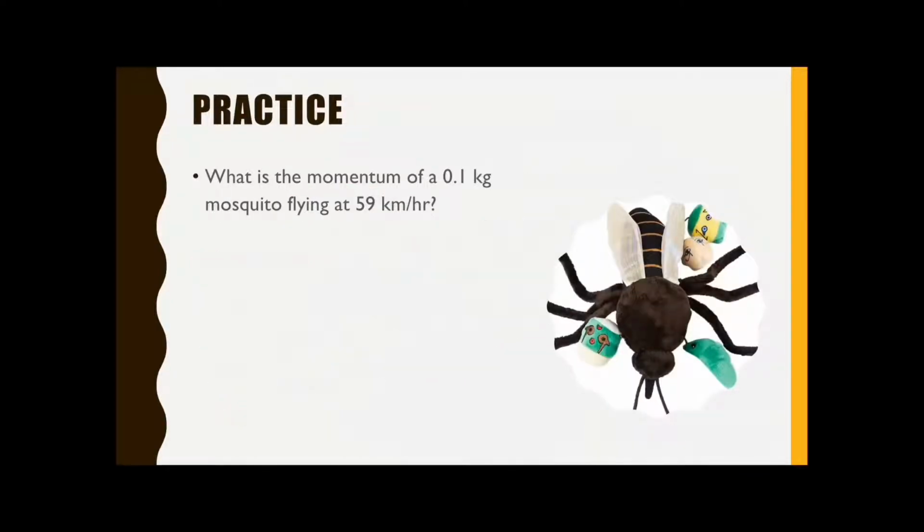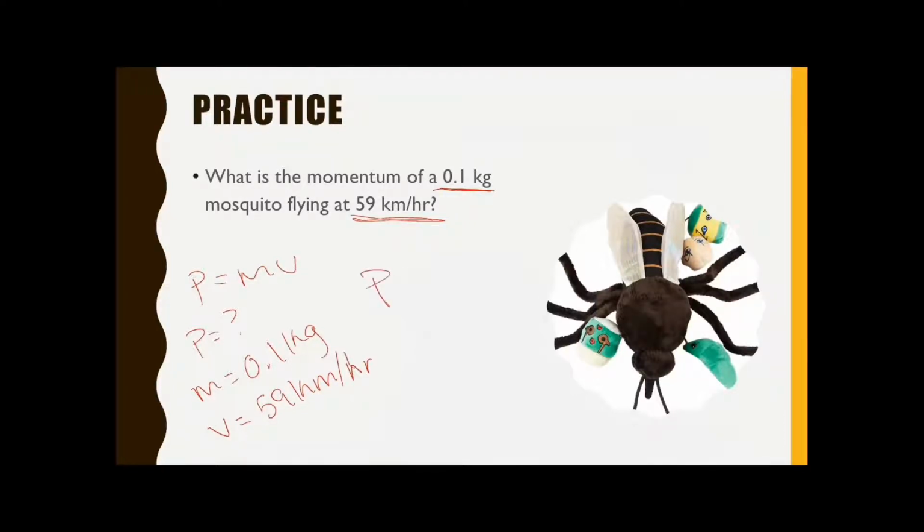So let's try this one. What is the momentum of a 0.1 kilogram mosquito flying at 59 kilometers per hour? All right. Again, we know our momentum equation is P equals m times v. We are looking for our momentum. We know our mass is 0.1 kilograms. Our velocity is 59 kilometers per hour.